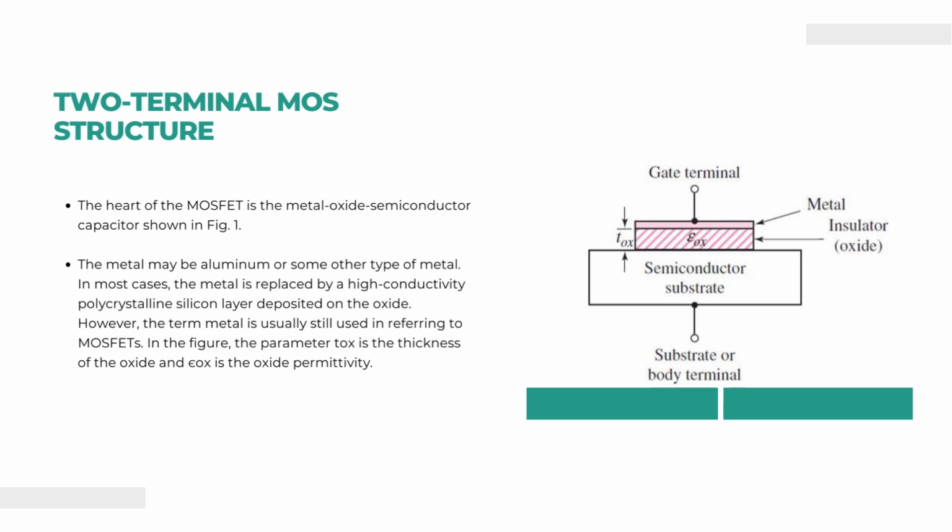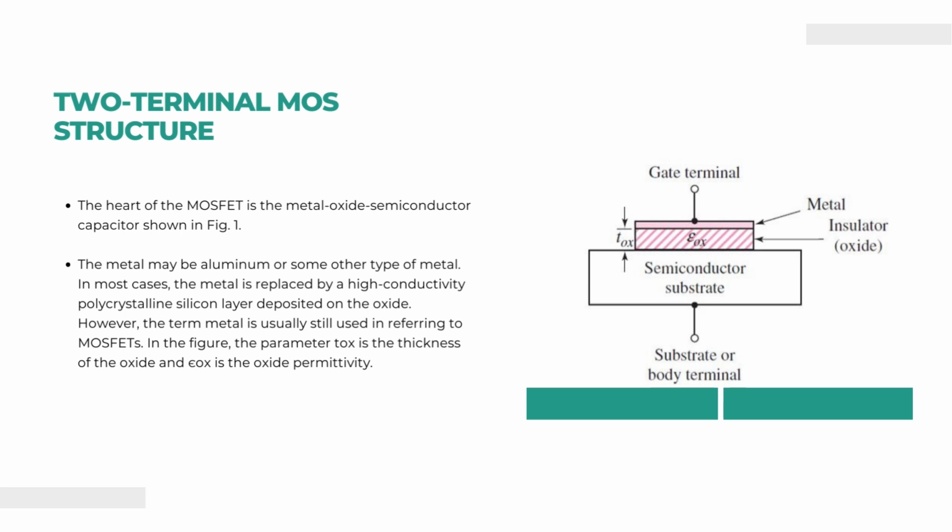The thickness of the oxide is represented as Tox, and this oxide acts as a gap between the direct contact of the metal and the semiconductor. Hence, there is no electrical contact between the metal and the semiconductor. They are separated by the oxide.